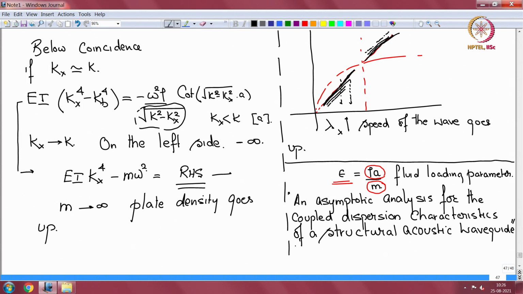This is a paper published in the Journal of Sound and Vibration, Volume 306, the year is 2007, and pages 657 to 674. So there are more details in there than I have presented over here.